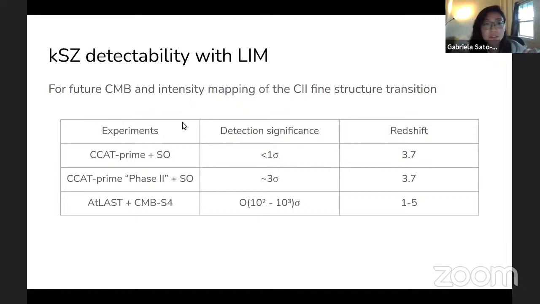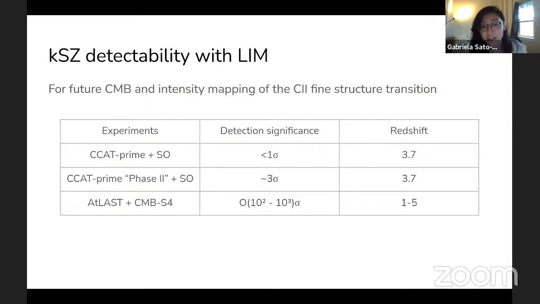For the near future set of experiments, we consider the Epoch of Reionization Spectrometer, CCAT-prime and Simons Observatory. And unfortunately, we do not find that a significant detection is possible with this first light instrument design. But we did want to ask, how much would you have to beef up this current technology to be able to get a detection?